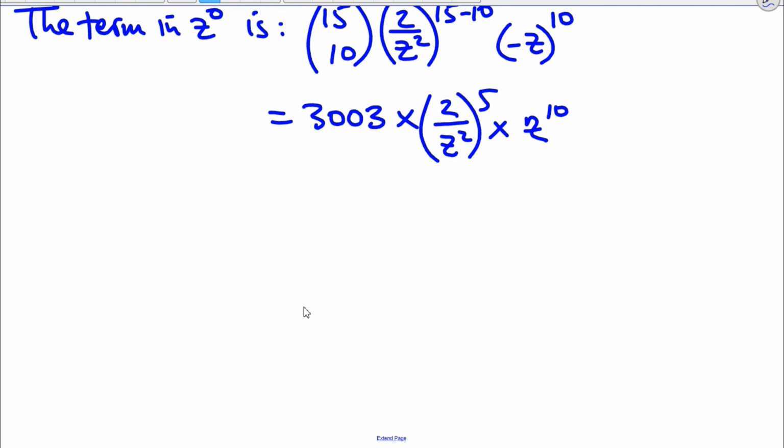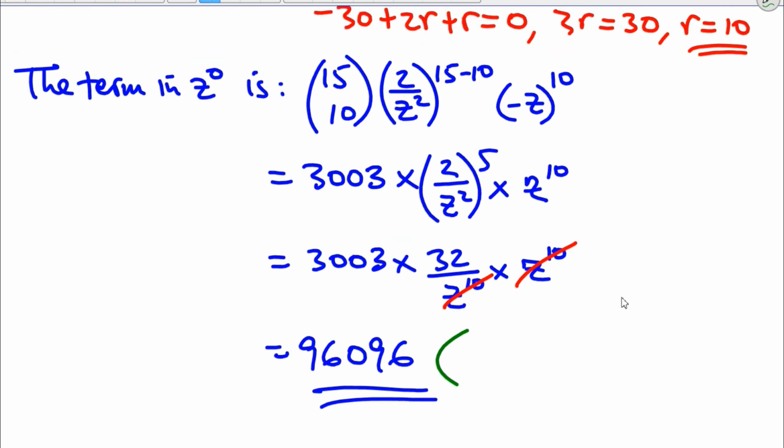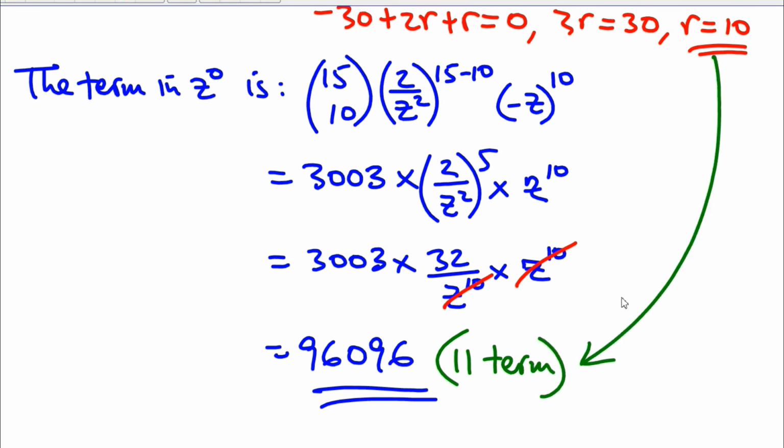And this will be 3003 multiplied by 32 over z to power 10 multiplied by z to power 10. Obviously, these two cancel. So we just need to multiply these here, and that will be 96096. And this term will be the 11th term because r is 10. That's not necessary, but you just need to know that that's the 11th term.